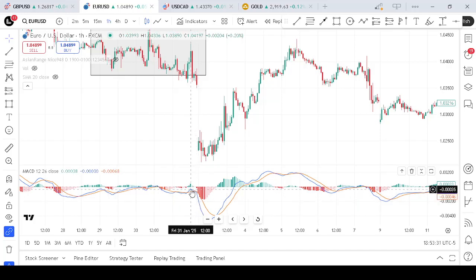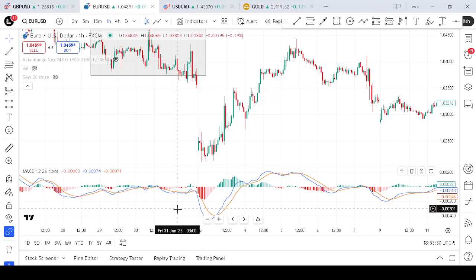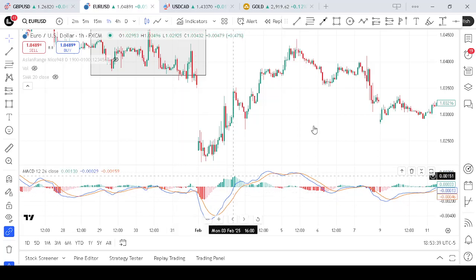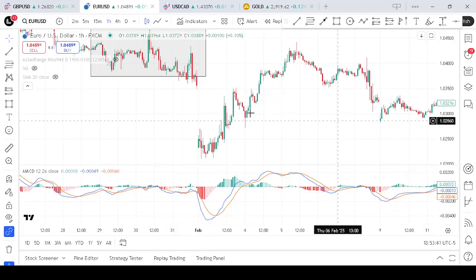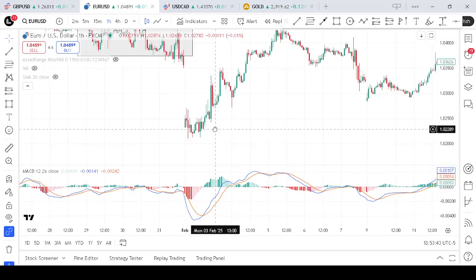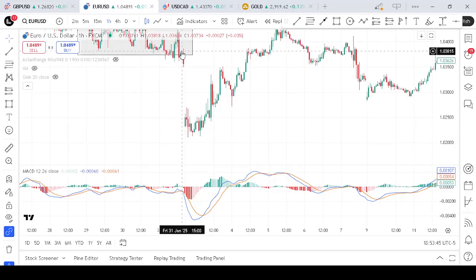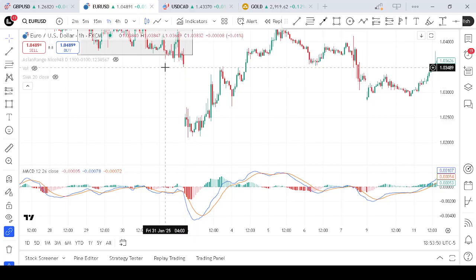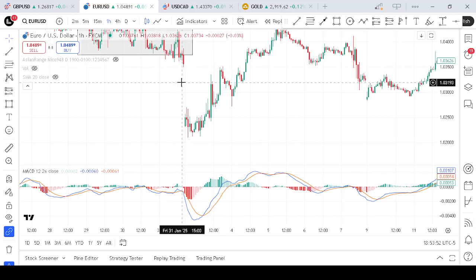Let us not forget that for us to predict that price wants to reverse, we have to see the MACD line crossing above or below the signal line. This crossover can indicate a change in momentum that may precede a breakout.